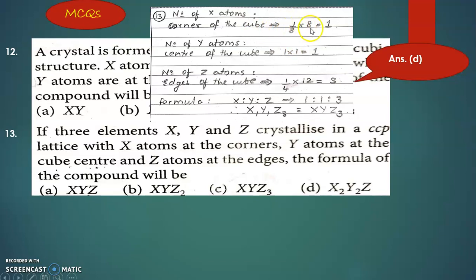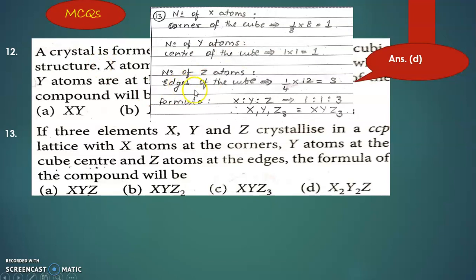Each particle is contributing 1/8, so there are 8 such particles, so the total number of x atoms is 1. Number of y atoms are present in the center of the cube. The central particle, one such particle, contributes whole to the cube. The number of particles is 1.